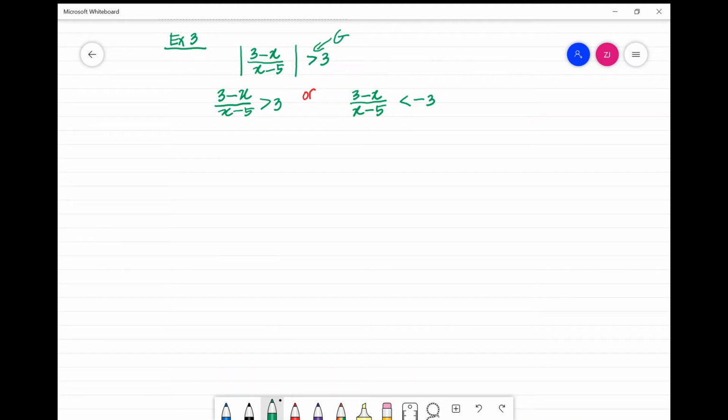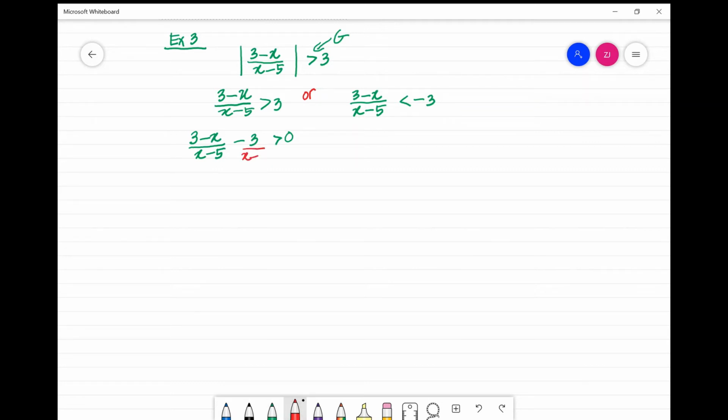First step, we must make sure that the right hand side is 0, so we bring the 3 to the left hand side. We have minus 3, and next we need to ensure that the left hand side is a single fraction, so we equalize the denominator.